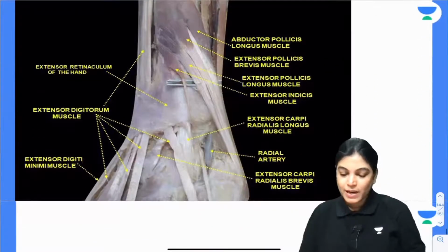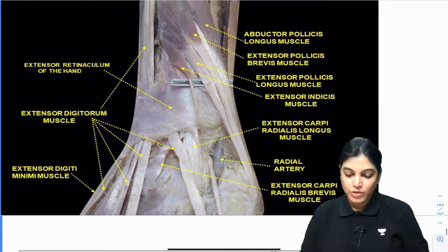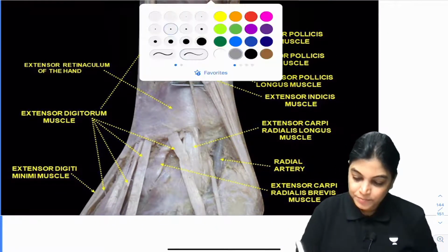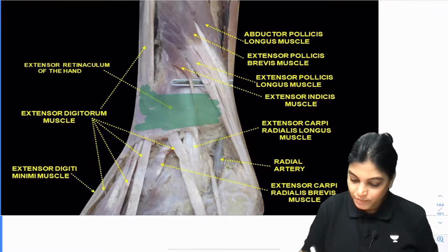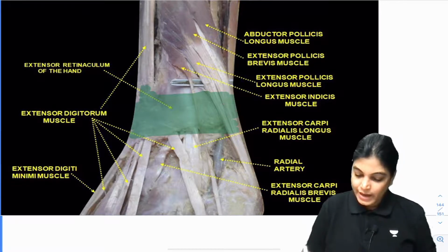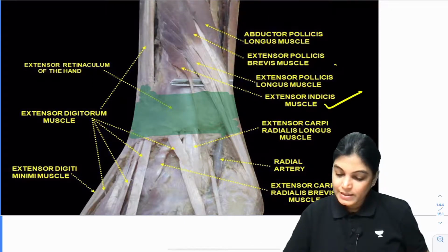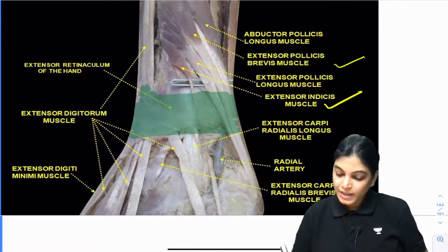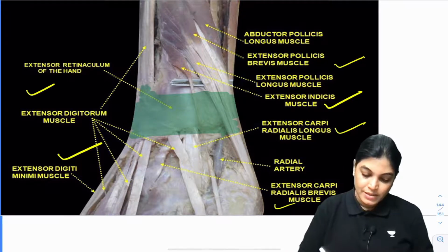Now my dear aspirants, I would also like to show you this cadaveric image. You can again appreciate here the extensor retinaculum, and below it all the tendons traverse. Various tendons are traversing: extensor indicis, extensor pollicis, extensor carpi radialis longus and brevis, extensor digiti minimi, extensor digitorum.